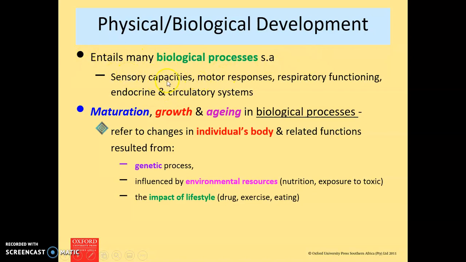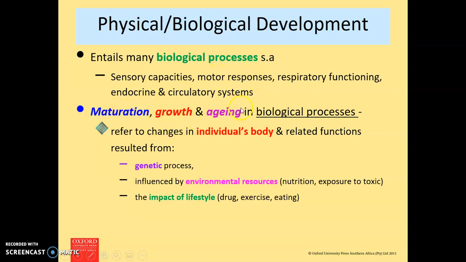We study our sensory capacities: we have five senses and a receptor in each of the sensory organs, and then we have a motor response from the receptors, and the information is sent to the motor system through the muscular system, through neurons. We also study respiratory functions, endocrine functions and so on. This is related to the functioning of human beings.